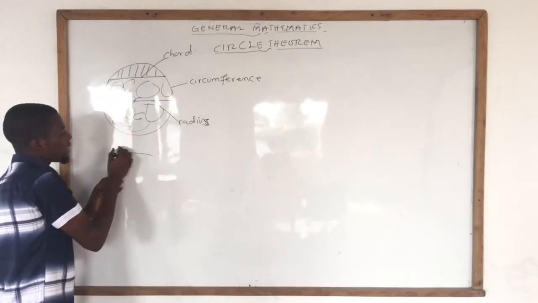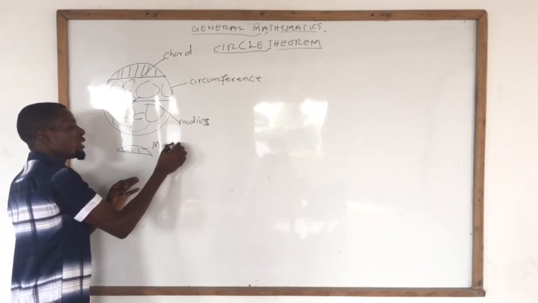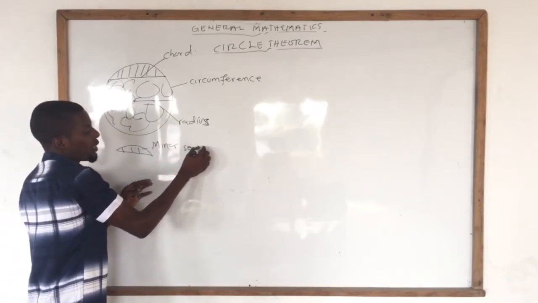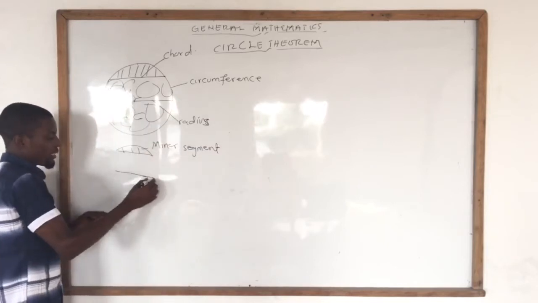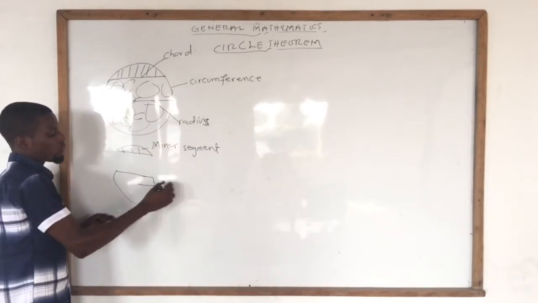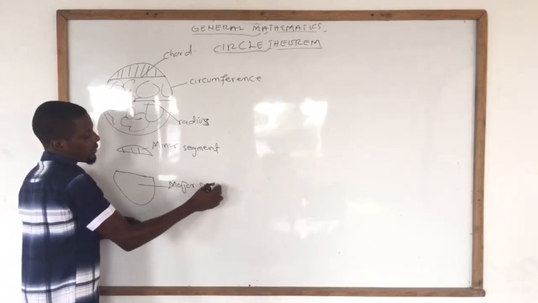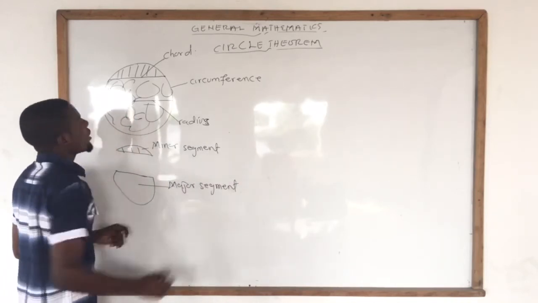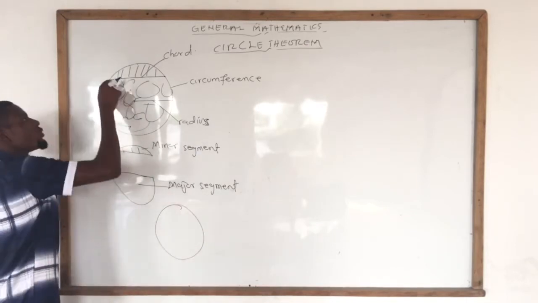Because this one is the lower portion, it becomes what we call the minor segment. And because the rest, this part, is the bigger one, it becomes what we call the major segment. Okay?